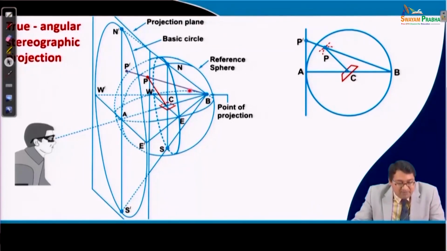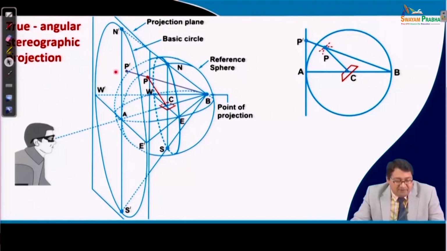Another example: the great circle consisting of N, A, and it goes like this to S, then to B, and then again to N. This great circle, not drawn fully, could be projected as a vertical line on the 2D stereographic projection, where N becomes N dash, A and B become B, and S becomes S dash, so the great circle becomes a line.